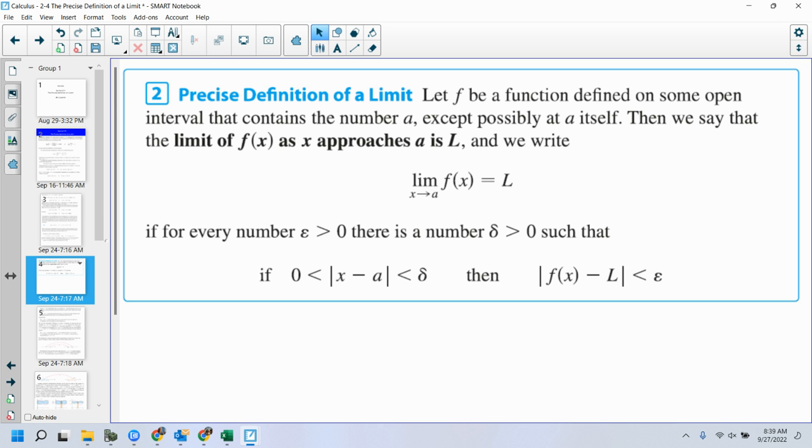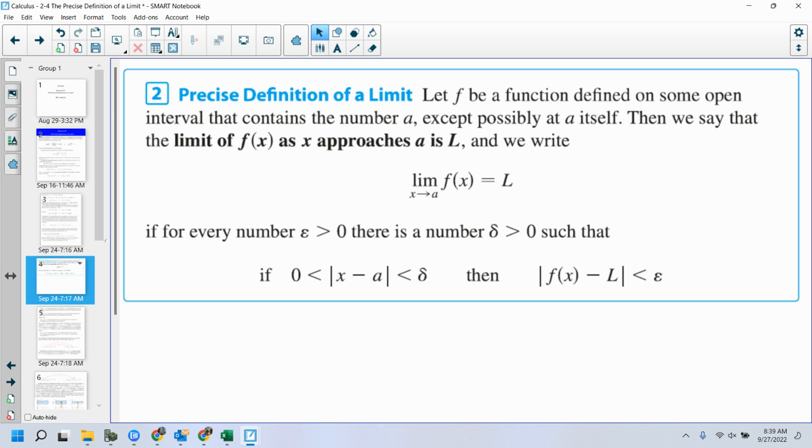So if we were trying to get closer and closer to our limit, and maybe our limit was x goes to 3, I think was the one we were looking at yesterday. We said, what if we choose 2.9 or 2.99 or 2.999? What we're doing there is reducing our delta. When I make delta smaller and smaller, that's getting closer and closer to the x value we're trying to look at.